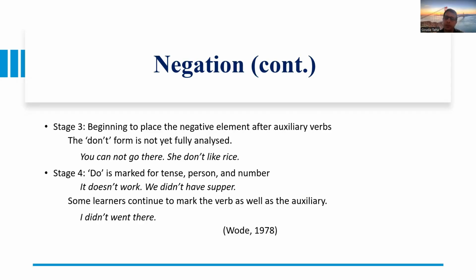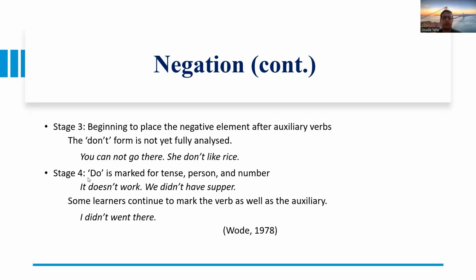Sorry. So here what we can see is we already have the negative element. It's not marked yet, but it's there in the right place. And not here has been added to the modal verb.